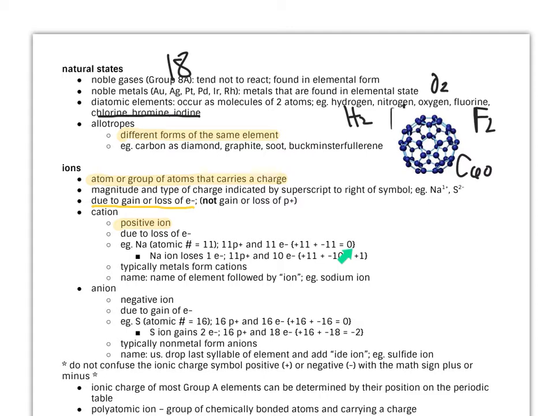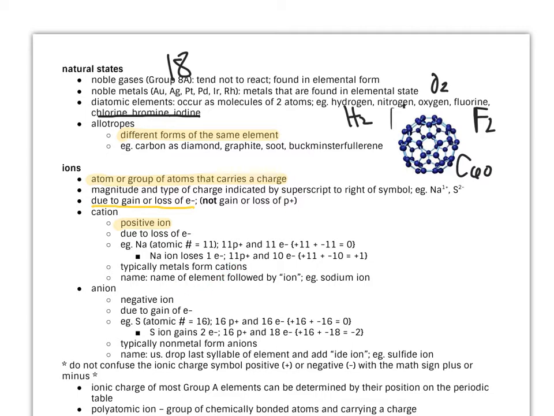So it doesn't have a charge. But a sodium ion loses 1 electron. So it still has 11 protons, but now it only has 10 electrons. So you have positive 11 plus negative 10, and you get a positive 1. So you'd say sodium 1 plus.